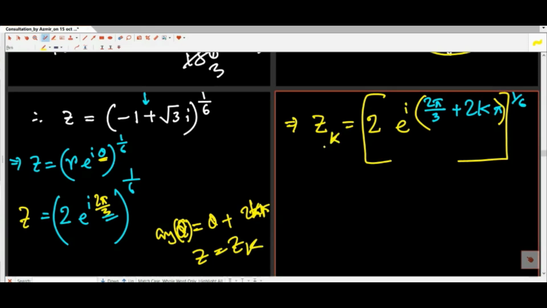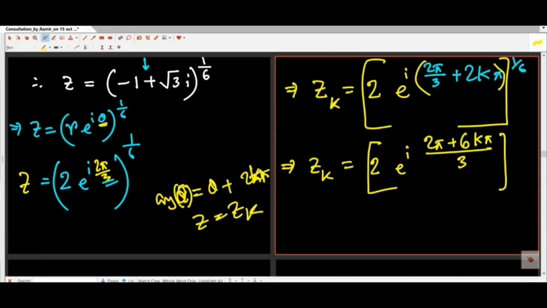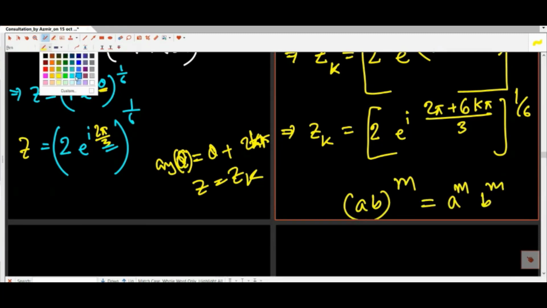Now we can think about k equals 0, k equals 1, k equals 2, like that. We can do some simple calculation here. 2 e power i times (2 pi plus 6k pi) over 18. You know that if we have (ab) power m, then we can write a power m, b power m. We have two things multiplied, that is 2 and this one.